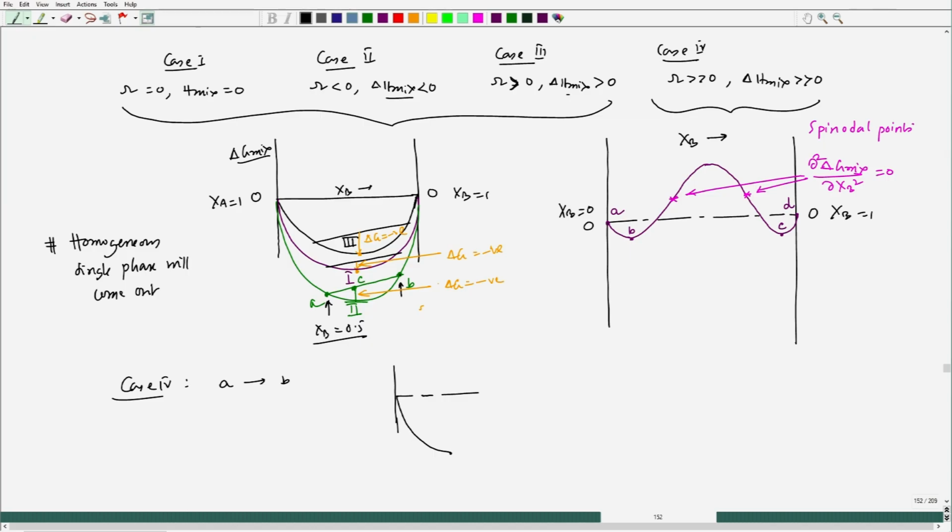Okay. So, let us say this is A, this is B. Now, any composition in between A and B, if I take any solution. So, for example, let me take this composition.